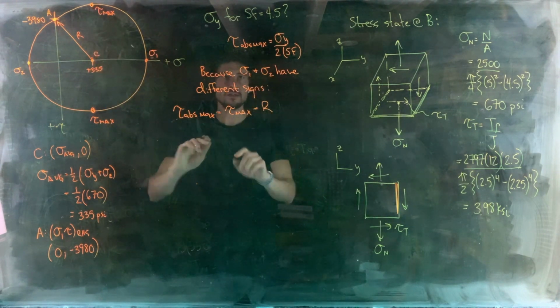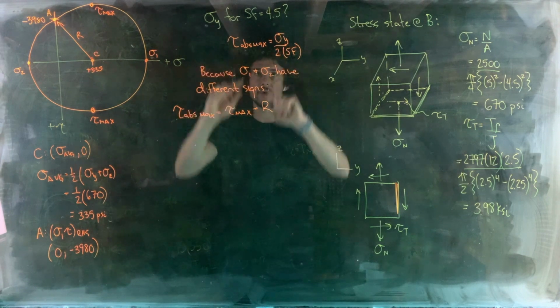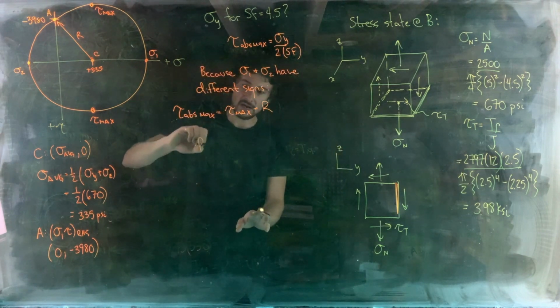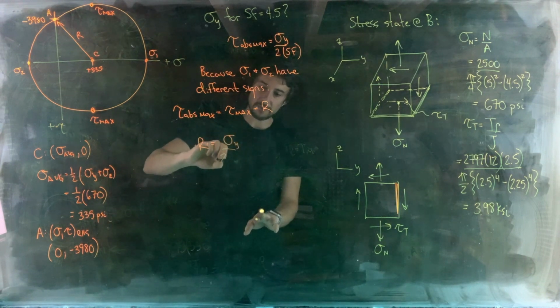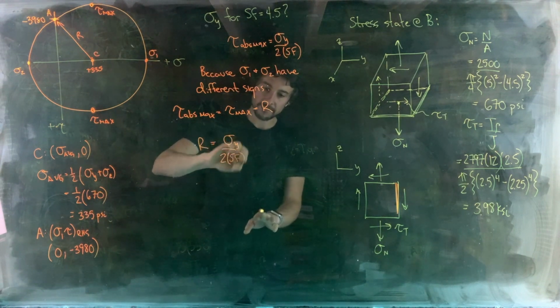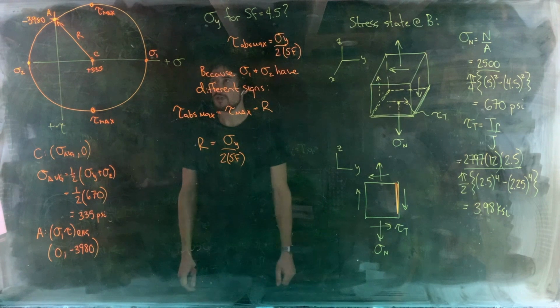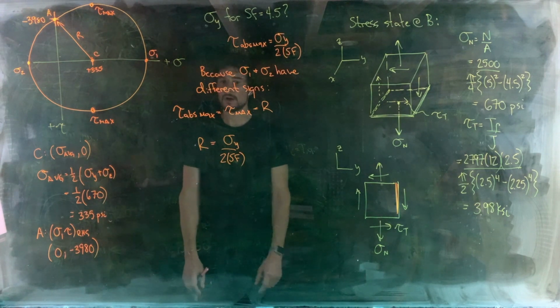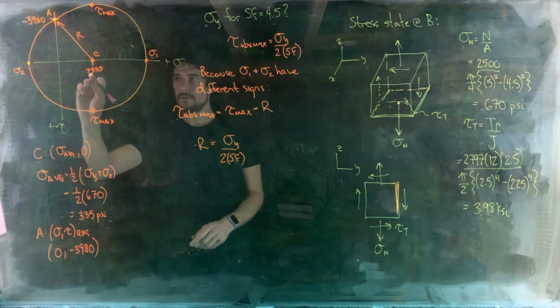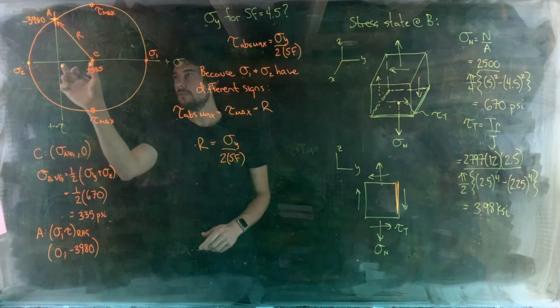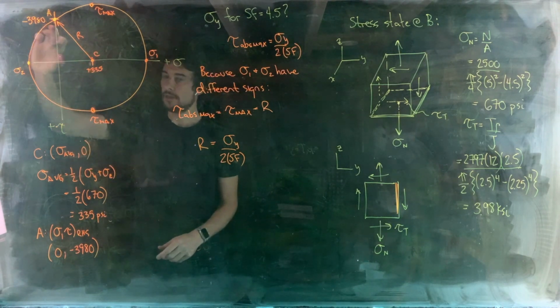So knowing this, now we can take this equation up here and say that R is going to be equal to sigma y divided by 2 times the safety factor. And then we can think about putting in numbers for this and solving it, right? So we've got R is going to be the square root of that distance squared and that distance squared.